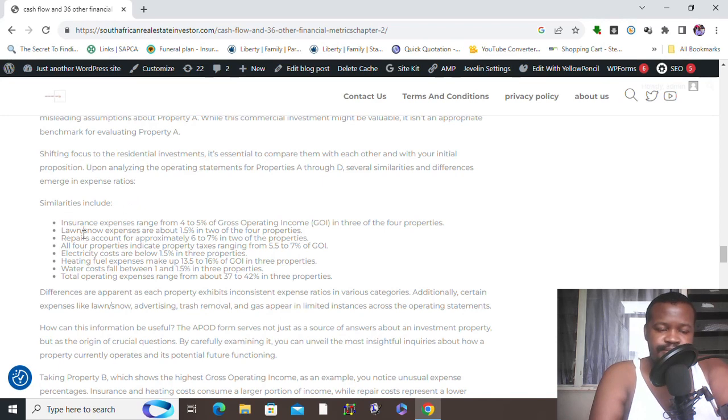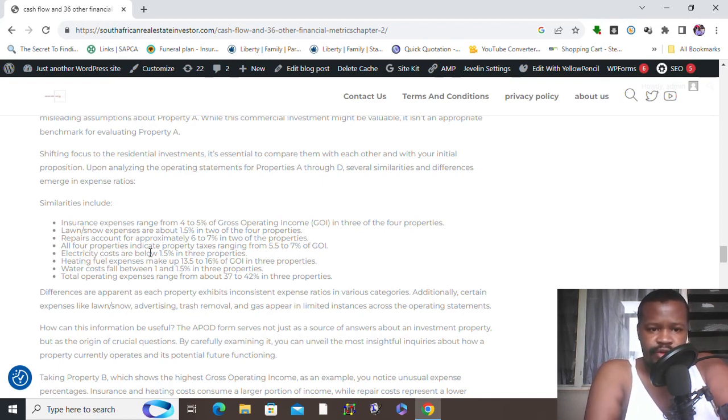Advertising expenses are about 1.5% in 2 of the 4 properties. Repairs account for approximately 6 to 7% in 2 of the properties. All 4 properties indicate property taxes ranging from 5.5 to 7% of the gross operating income.